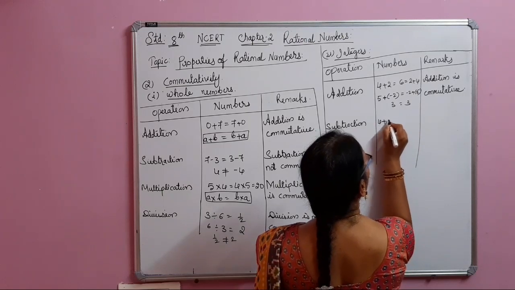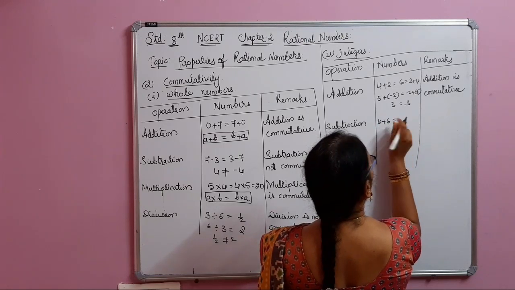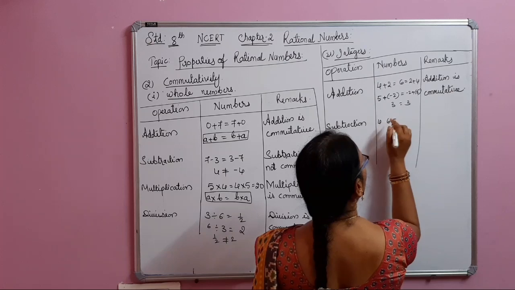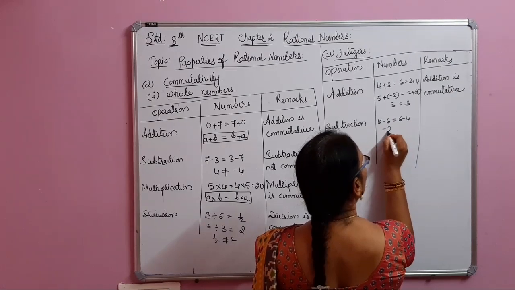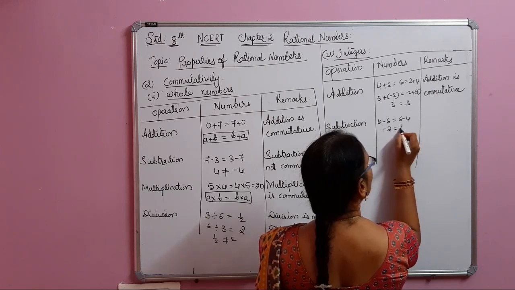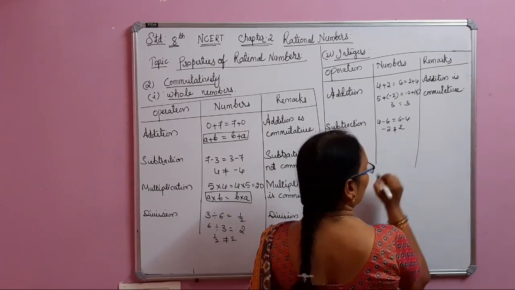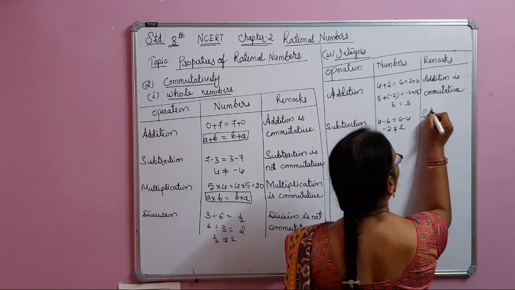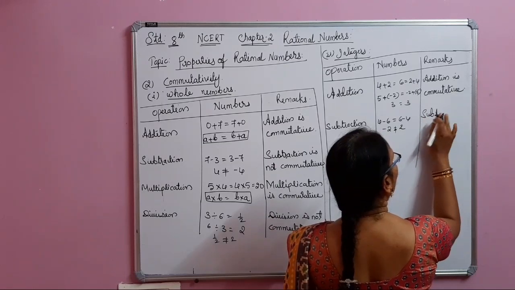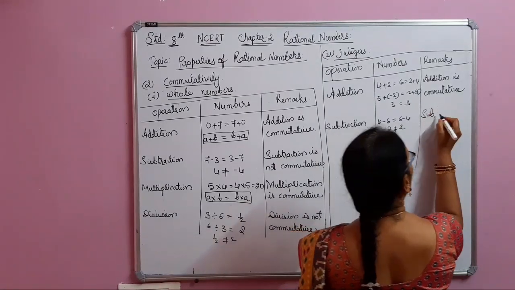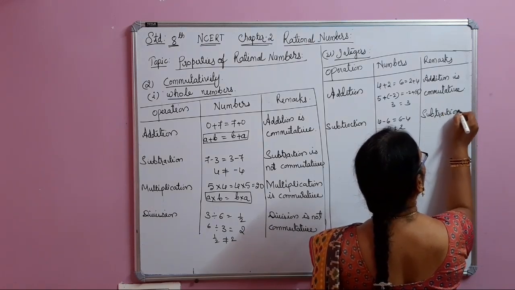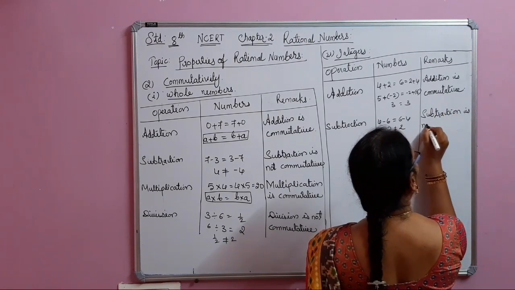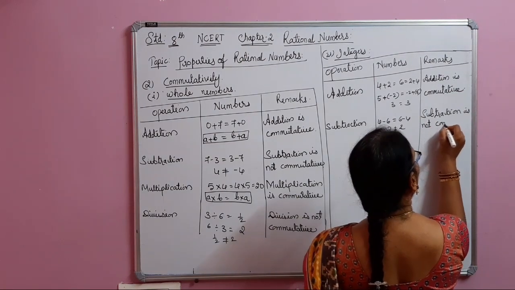Here 4 minus 6, here 6 minus 4. 4 minus 6 is minus 2. 6 minus 4 is plus 2. They are not equal. That means subtraction is not commutative.